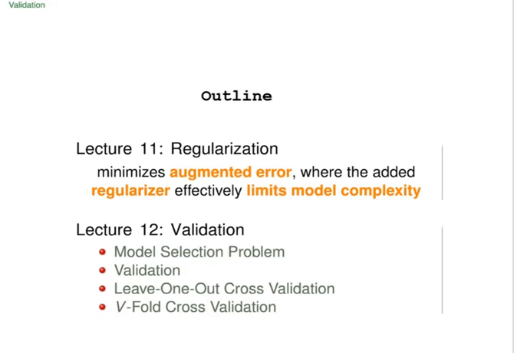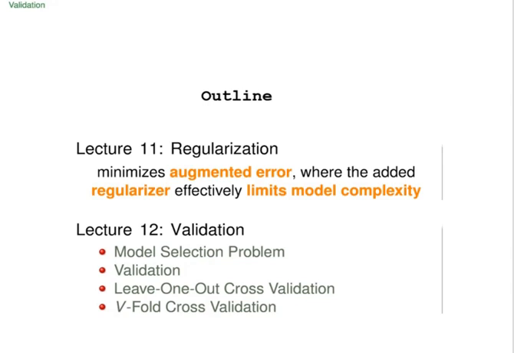Today's lecture will focus on the model selection problem and different validation techniques. The validation techniques that we will study today will also help to minimize the effect of model overfitting, in addition to the regularization techniques we discussed earlier.